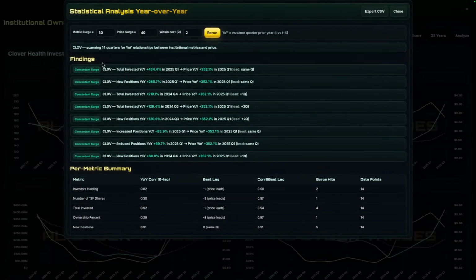To give you an example, it tells you the institutional ownership of total invested. I'm going to make some changes to this. But it shows you total invested increased 400%, and then the stock price increased by 352%. And it was around the same quarter.